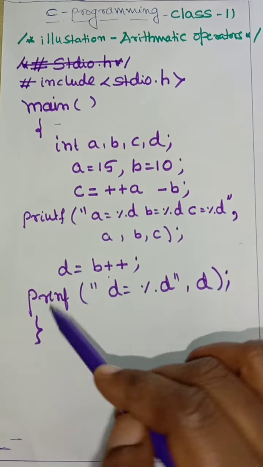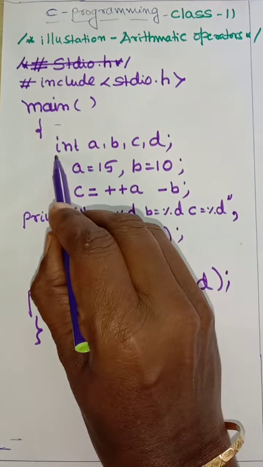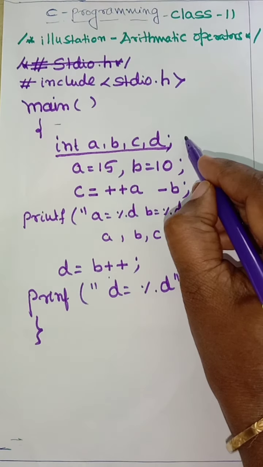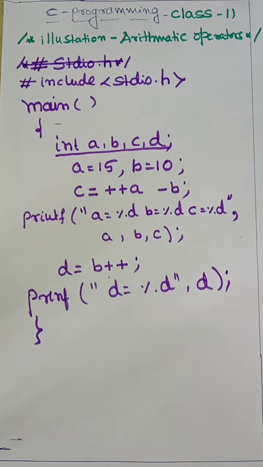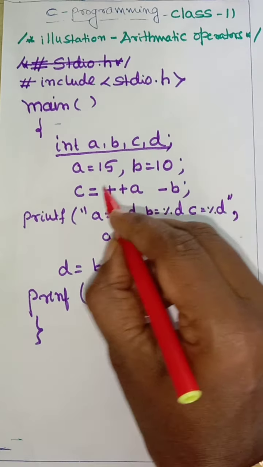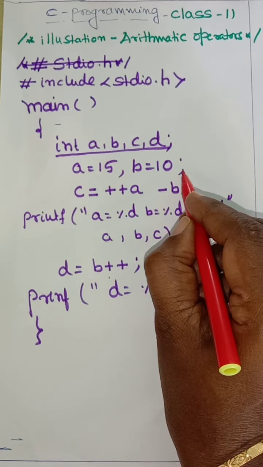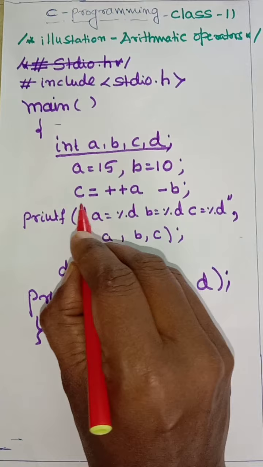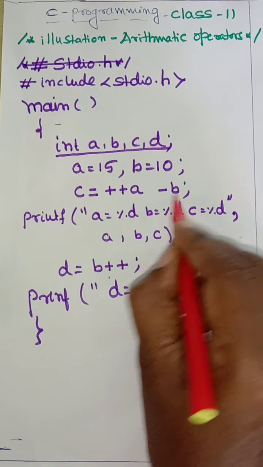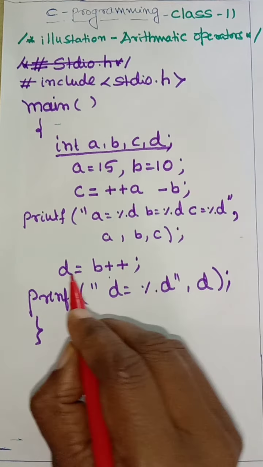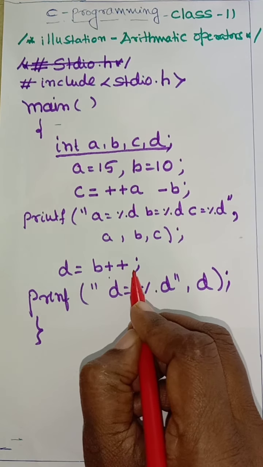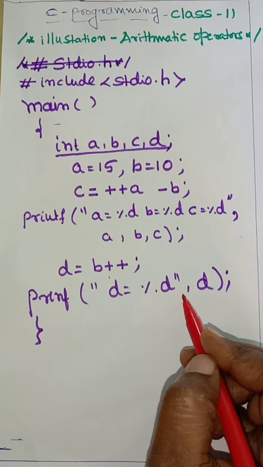These statements are called the declaration of the variables. Next, this is called assigning values. These are called the expressions, and this is printing the values. Okay, afterwards I have written the d value and print value.